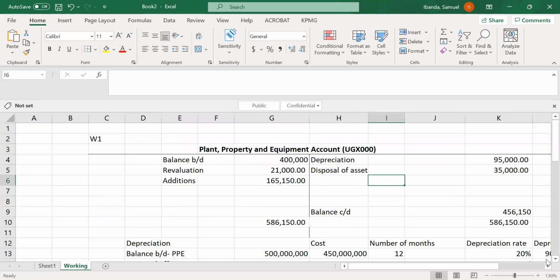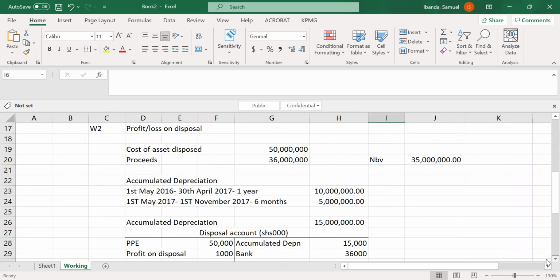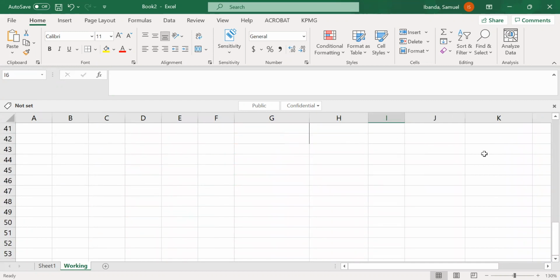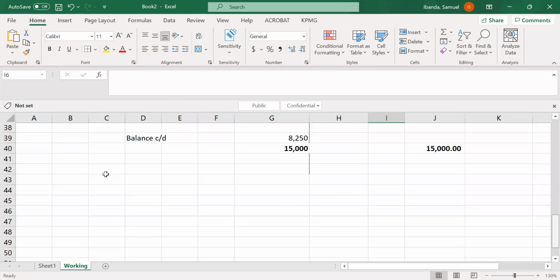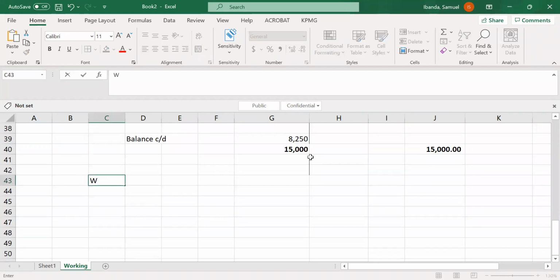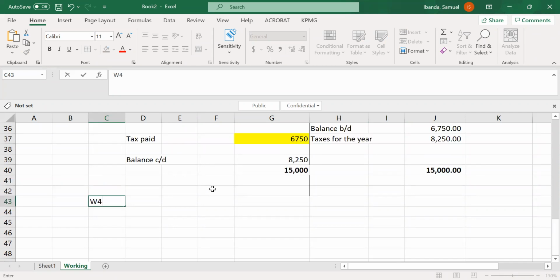Let me try to add another working. This was working 3, this is working 4. So call it working 4, proceeds from share issue.